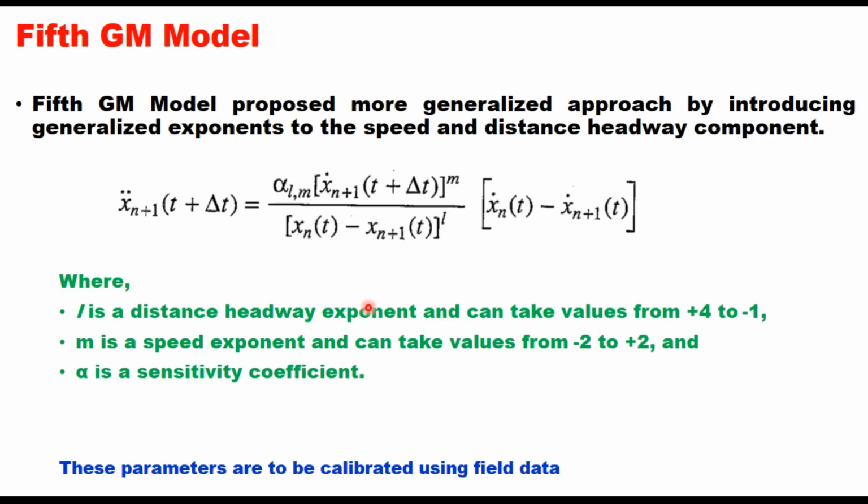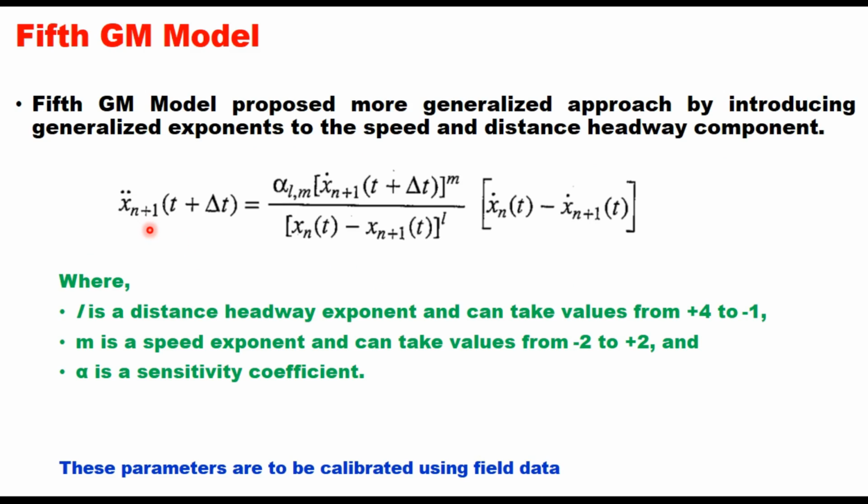But the generalized model is the fifth GM model. This is the generalized approach, introducing generalized exponents to the speed and distance headway components, and this is the final model given by General Motors for car following.